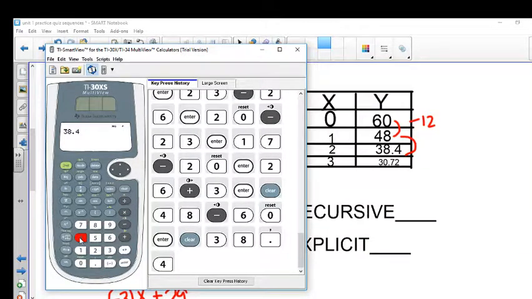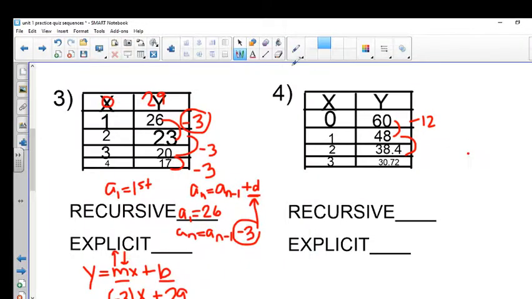38.4 minus 48, and we get 9.6. So I automatically know we're not adding or subtracting. That means I have to be multiplying. So what I'm going to do is take my second term and divide it.